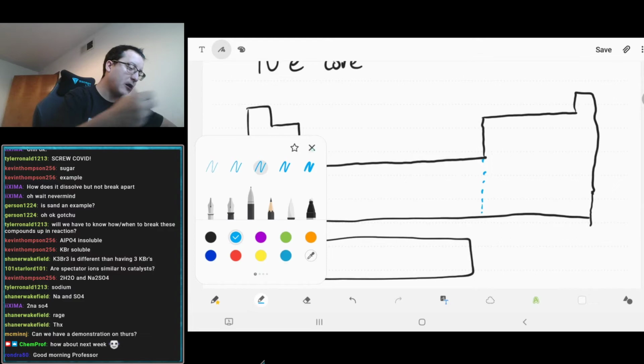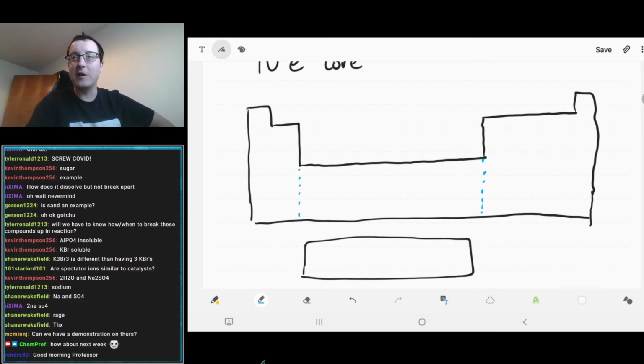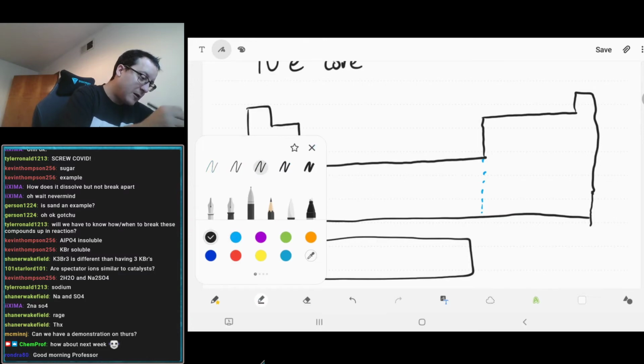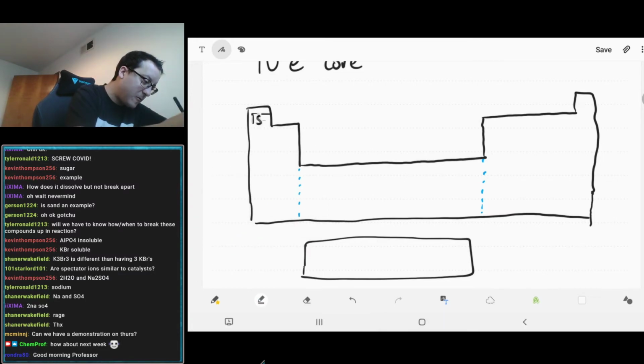We're going to see that there are divisions we can make in the periodic table that are going to make our lives easier. These 2 rows are what is called the S block.